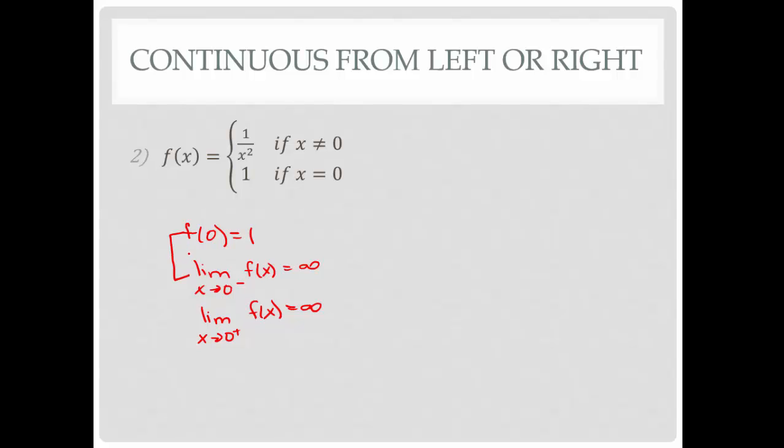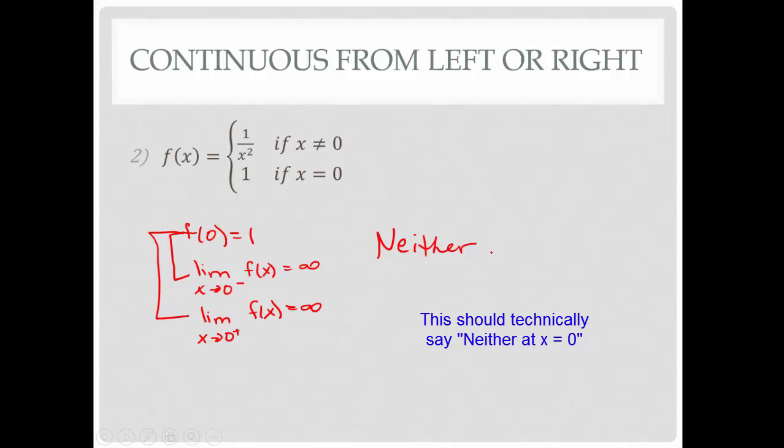Are they the same? No, so it's not continuous from the left. If you want to determine continuity from the right, you compare the right-hand limit to f of 0. Are those the same? No, so this one is also neither continuous from the left, nor is it continuous from the right.